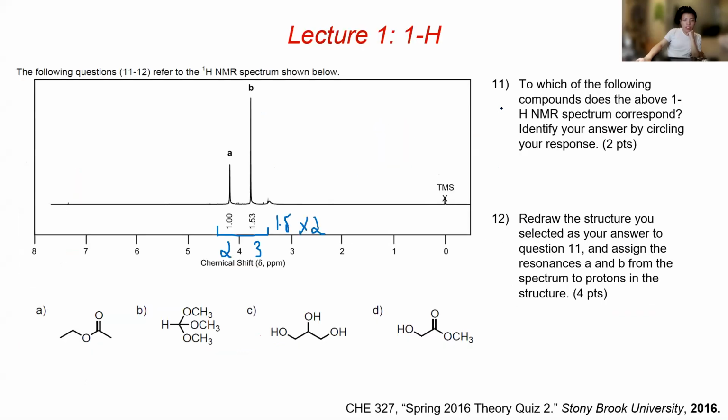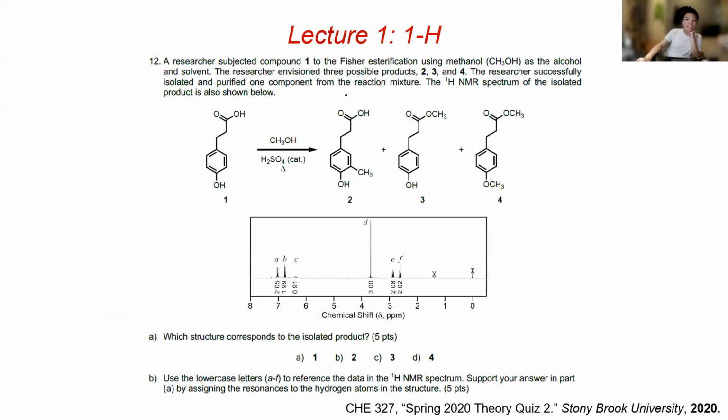Okay, that will be our last question. Which of the structures corresponds to the NMR spectrum shown above? So we have compounds 1, 2, 3, 4. We have this, this, this, and this being different.